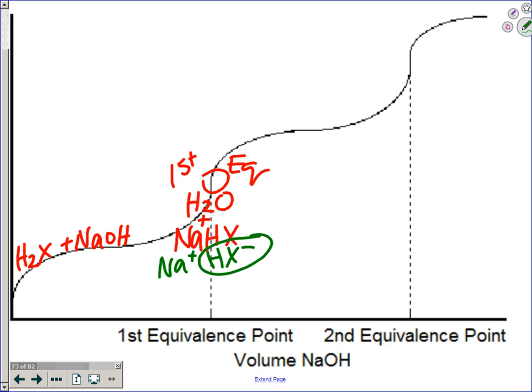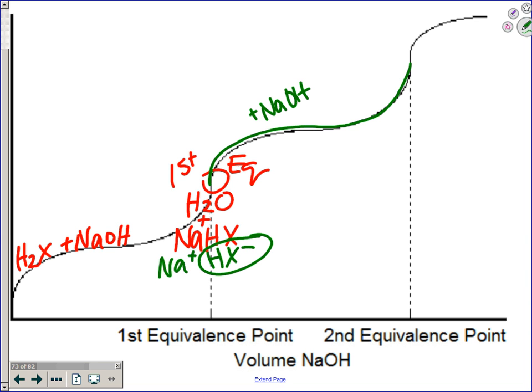On the secondary side of things, this green line is showing what new reactants, because I'm starting to add more sodium hydroxide. I know sodium hydroxide is being added, but what is it being added to? I could say sodium HX, but the sodium is just going to be spectating.